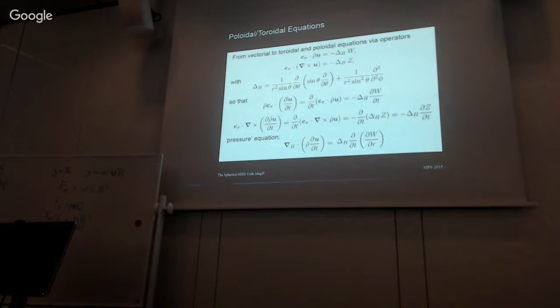This is not directly an equation for the evolution of the pressure, but we have two evolution equations, this one and this one, which involve the pressure. You can solve these for W and for the pressure, though you don't have a direct evolution equation for the pressure. Numerically, you can do that.